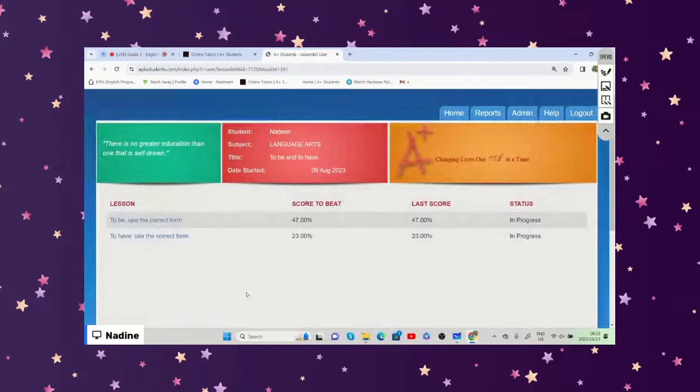So that was basically the lesson on to be and using the correct form of the verb to be, right? So now we're going on to have, and to use the correct form of to have.